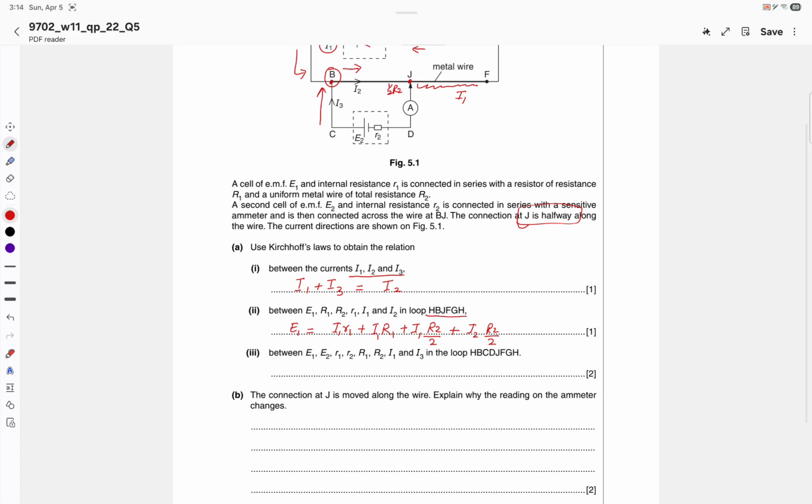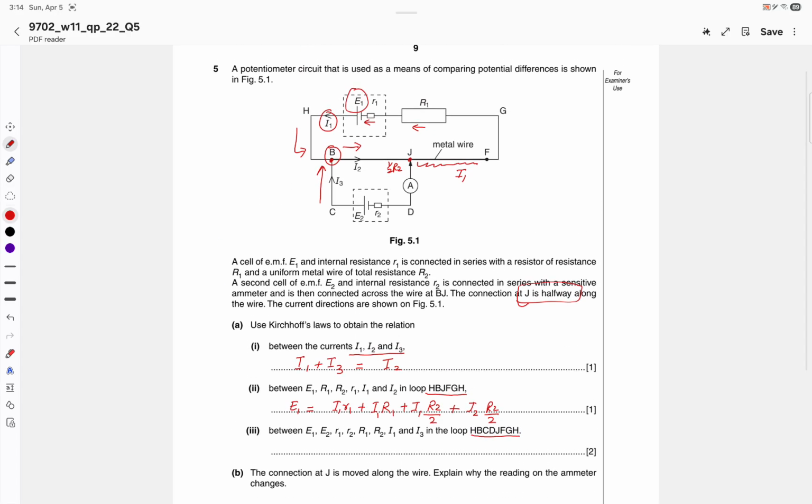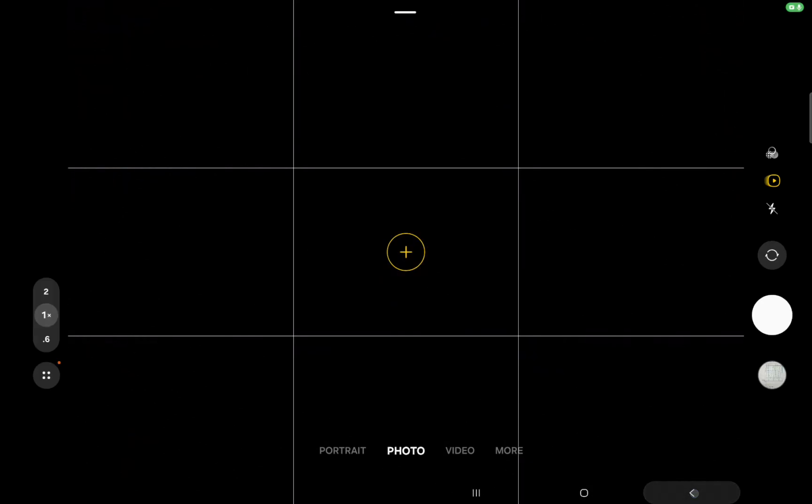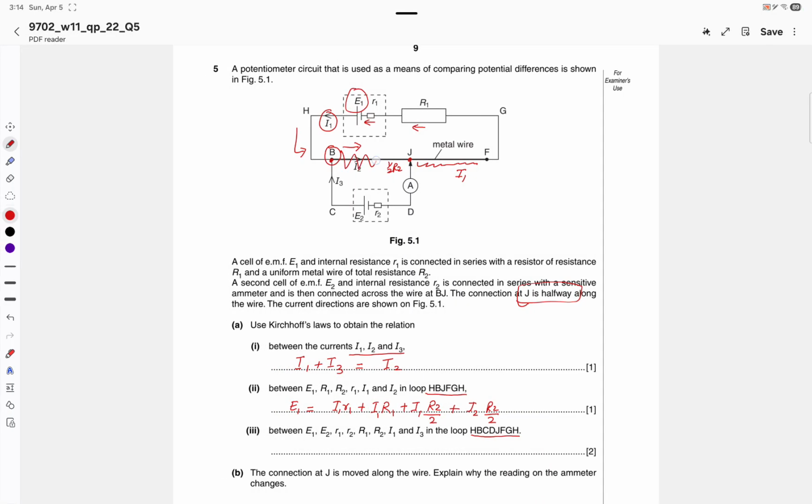Now in the third part of this question, the loop is extended in the direction B, H, B, C, D, J, F. So they are ignoring this path, and you also have to ignore the B to J path right now.